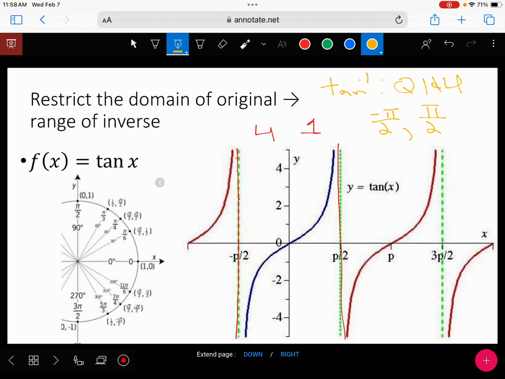And that's going to be a problem for us with our inverse tangent. The way we solve that is we use a soft bracket on negative pi over 2 and we use a hard bracket on pi over 2. So that means our possible tangent answers can go up to, but can't touch negative pi over 2, but then can touch pi over 2.